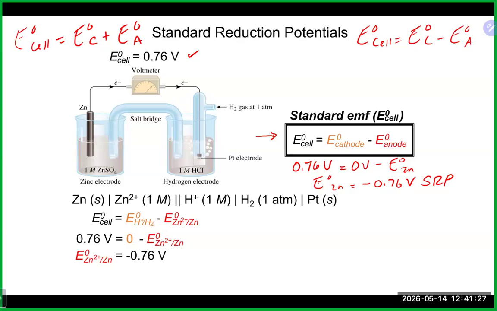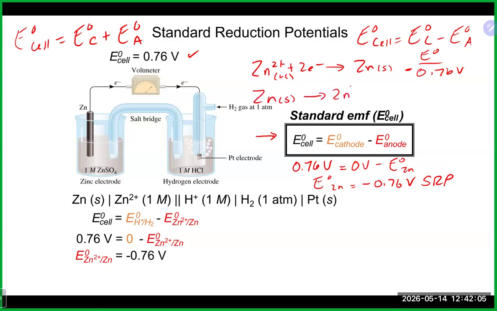So, for example, if I have this one here, which is my zinc plus my two electrons going to my solid zinc, and I go to my SRP value table, I find obviously my negative 0.76 volts. That would be if I needed zinc to be my cathode, because that's how it's written. It's written as a reduction. But if I needed my zinc to actually be the anode, I would have to reverse that reaction, because in the anode situation, the zinc is going to lose those two electrons.